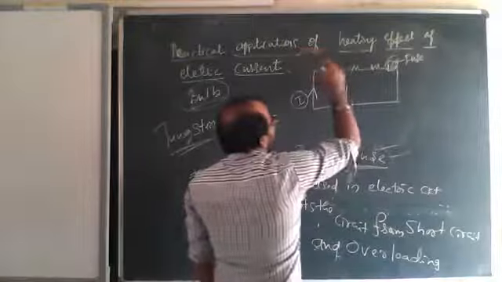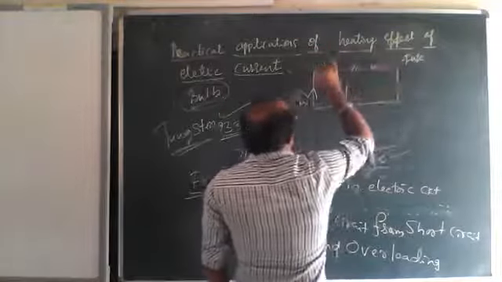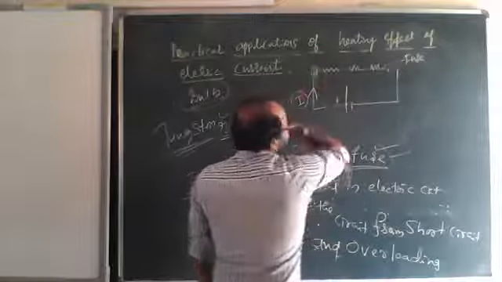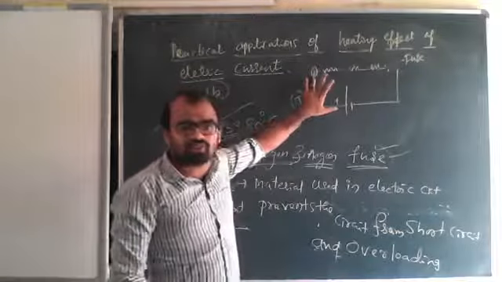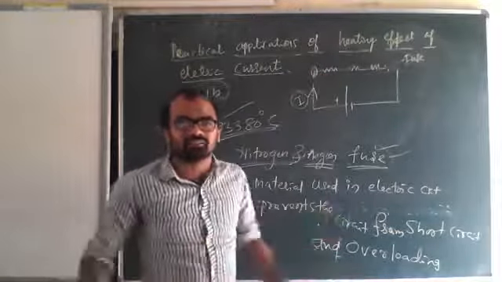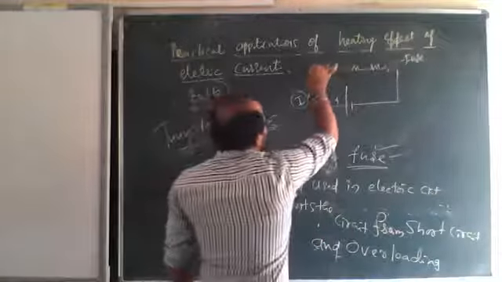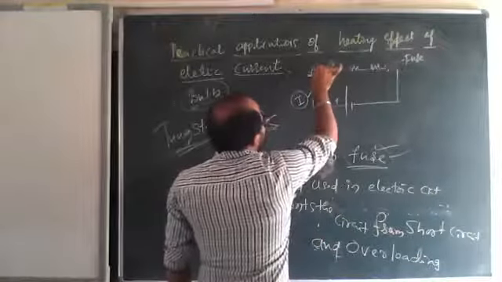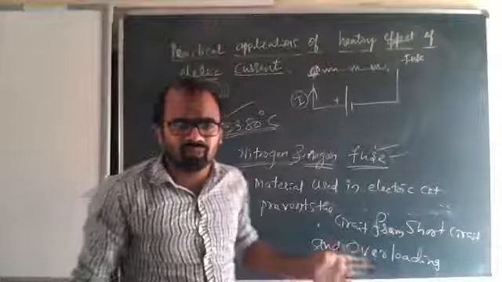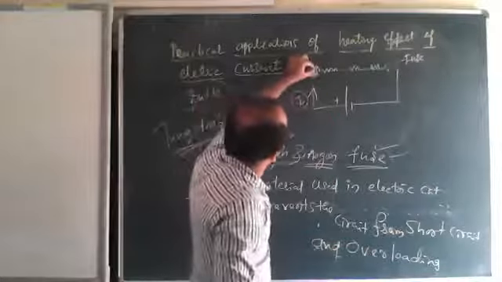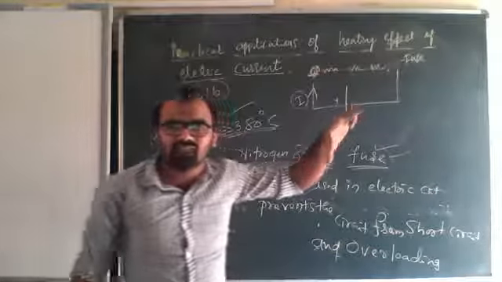See what happens if a lot of current is flowing. Or let me say I can place the fuse here also. Okay, if a lot of current is flowing, the fuse starts melting. When it melts, there is no flow of current. It melts means it vanishes. When it vanishes, the circuit breaks, isn't it?